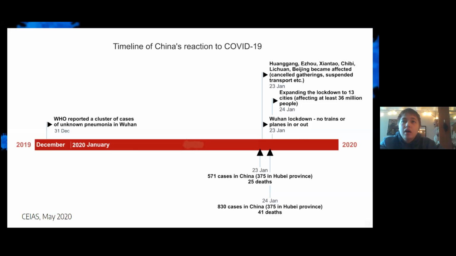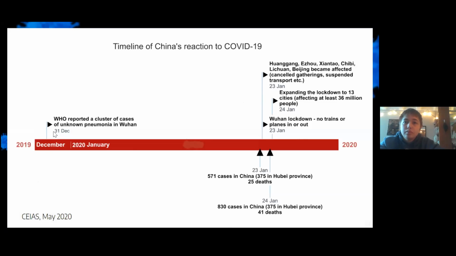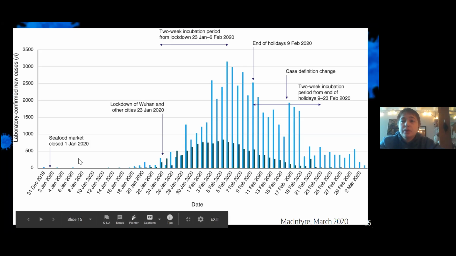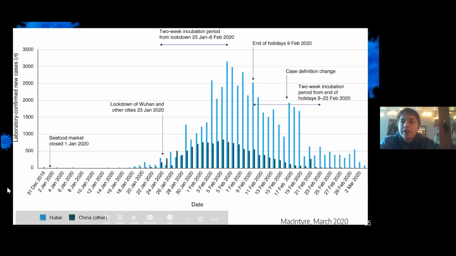And so this is just the timeline. You can see the first cluster of cases was reported at the end of December, and the lockdowns began on the 23rd of January, and soon after were expanded to the rest of the province. And here we can see the curve in China through that time period.